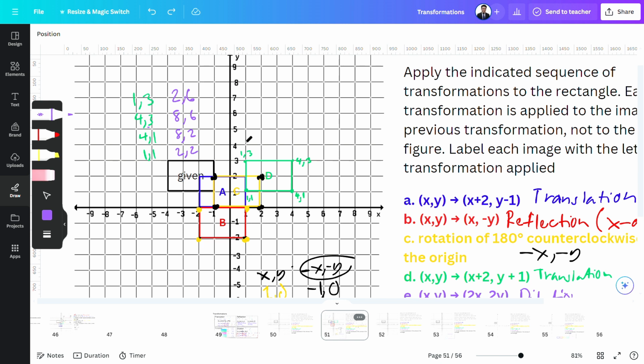D. So where is 2, comma 6? It's here. Okay. Then where is 8, comma 6? 8, comma 6 is here. And then where is 8, comma 2? 8, comma 2 is here. And then 2, comma 2 is actually here on this color figure.